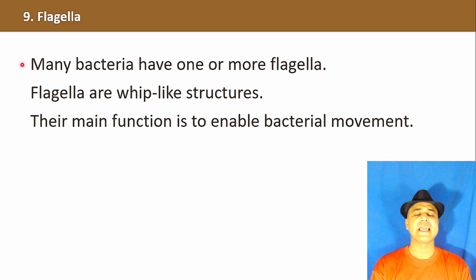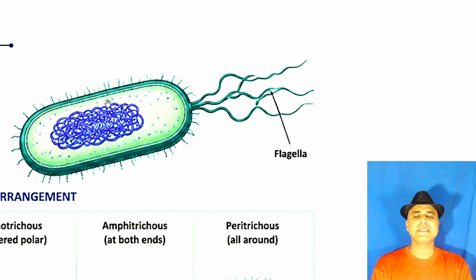Flagella are an outgrowth for locomotion, movement. Many bacteria have one or more flagella. Flagella are whip-like structures. Their main function is to enable bacterial movement. This is a bacterial cell and these are flagella. They play a role in movement.